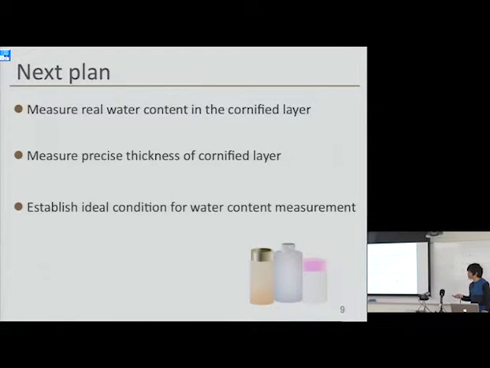There is also an evaporation effect, so the measurement time is limited because of evaporation from the epidermal tissue. So I need to establish ideal conditions for water content measurement.